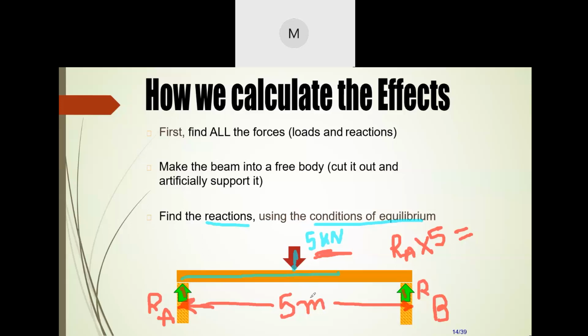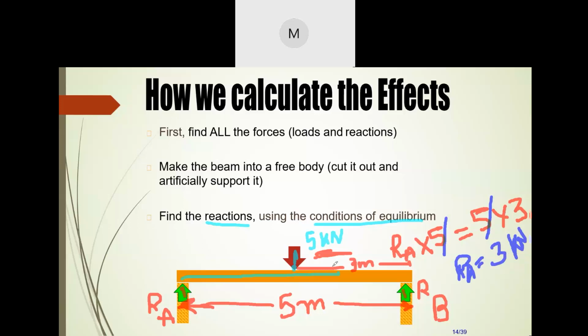Let us think that the distance between the load and the end support is 3 meters. So we are finding the moments about point B: RA into 5 equals 5 into 3, because force into perpendicular distance is the moment. Cancel this and this, we get RA equal to 3 kilonewton.